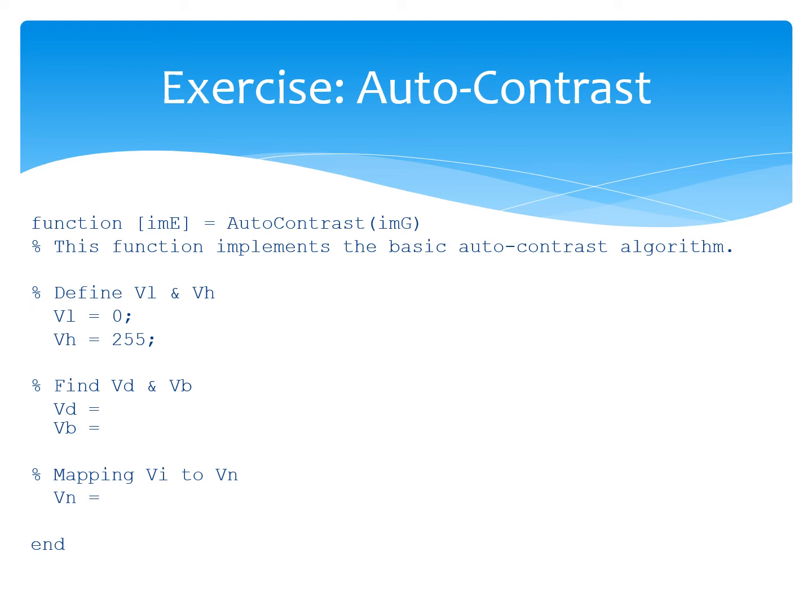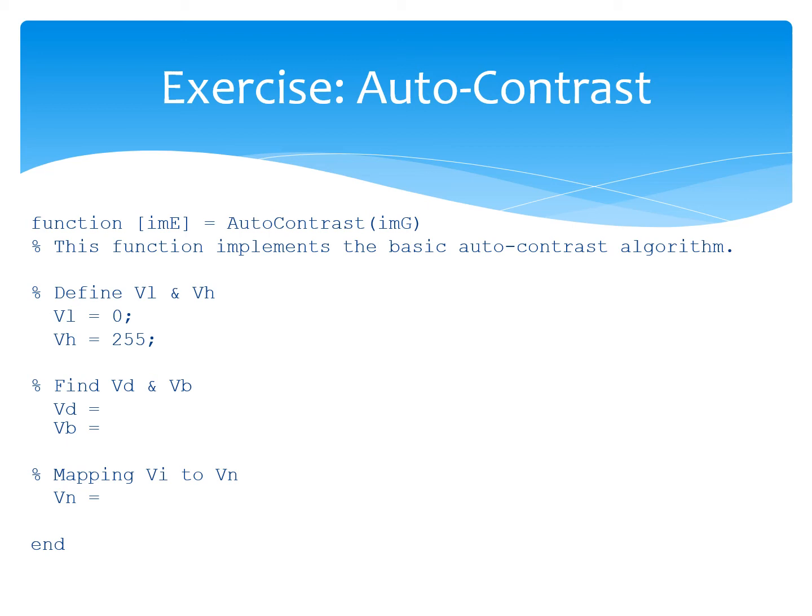According to the given formula, we can design and implement a MATLAB function to perform auto-contrast. As you can see in the given example, we create a MATLAB function named auto-contrast, which takes a low-contrast gray-level image, IMG, as its input, and returns an enhanced image, IME.